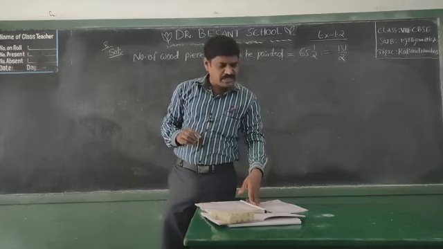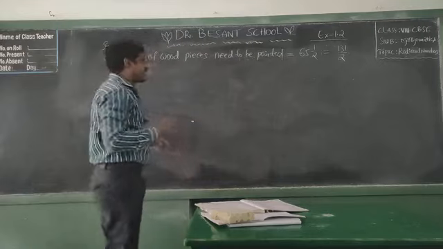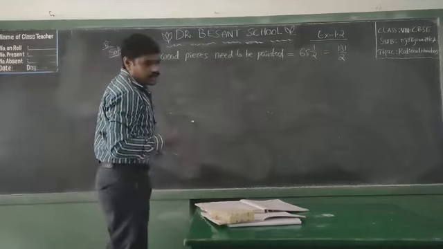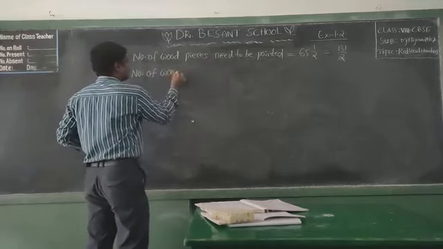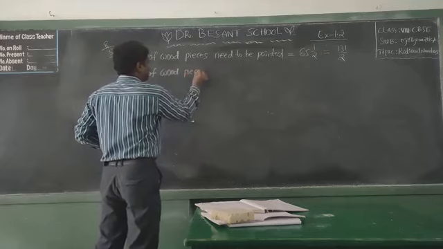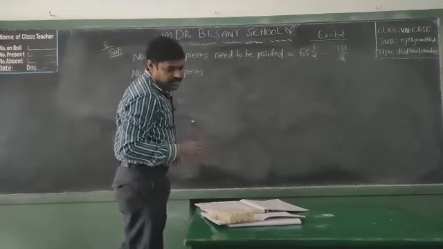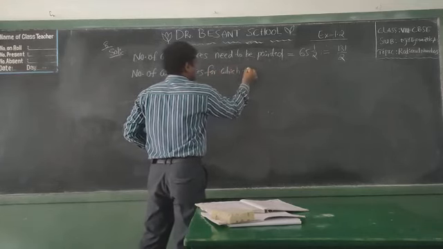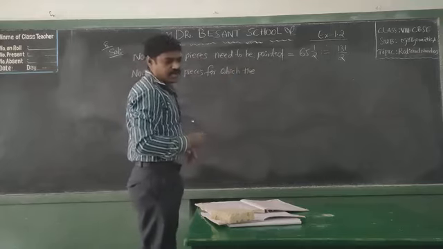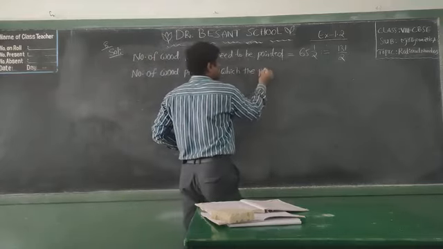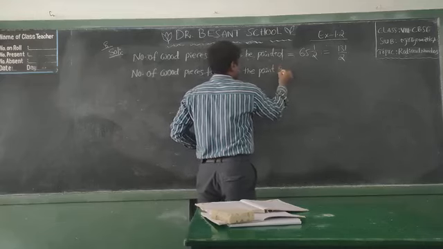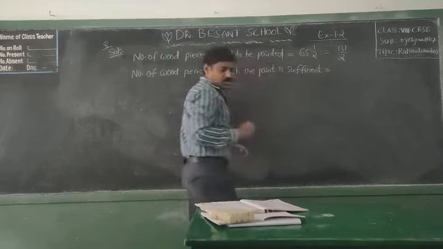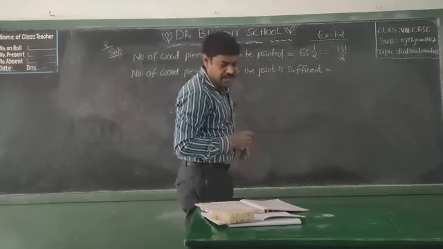So the number of wood pieces for which the paint is sufficient is equal to 5 and 3/4.